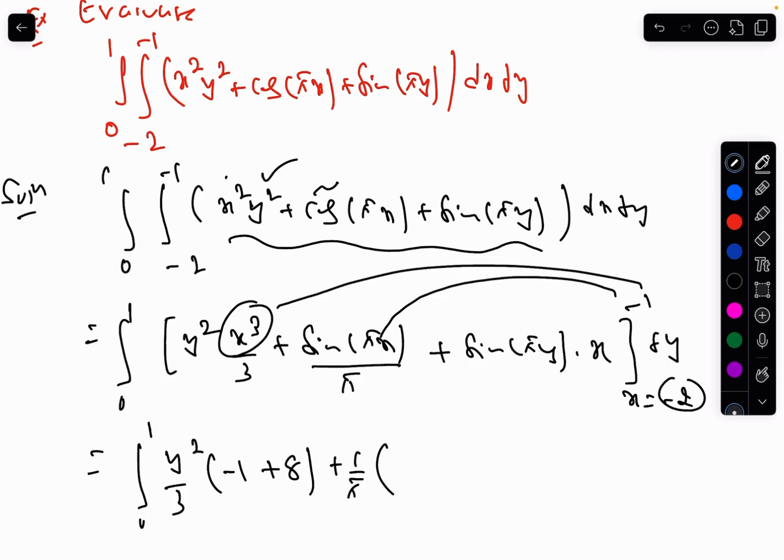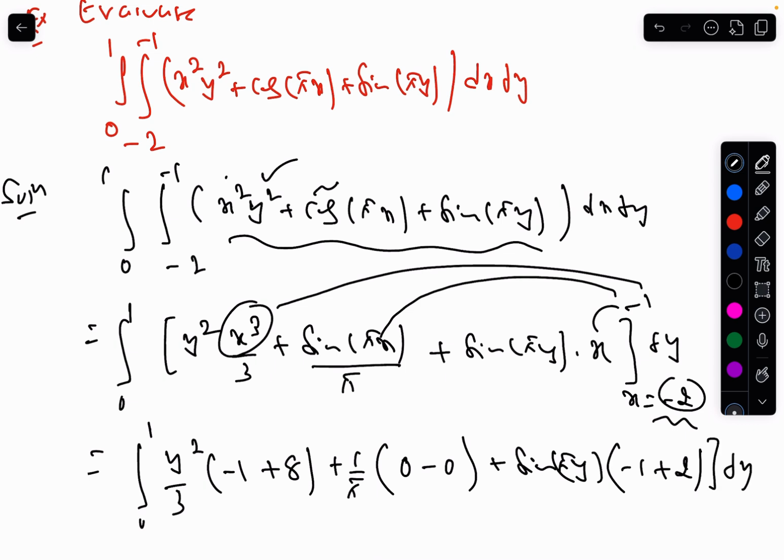So x is -1, so sine minus pi, and sine minus pi is 0. X is -2, so sine minus 2 pi, so that is also 0. Plus sine pi y, x is -1 minus and minus minus plus 2, and dy.